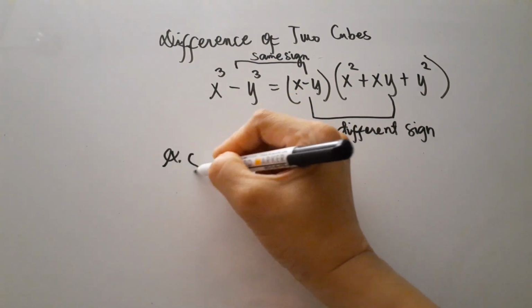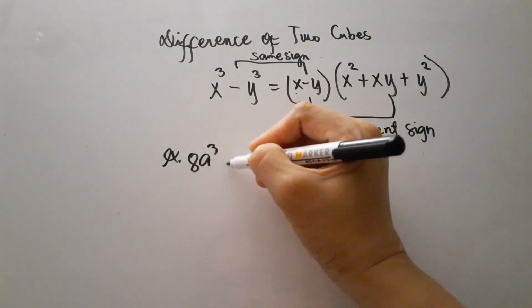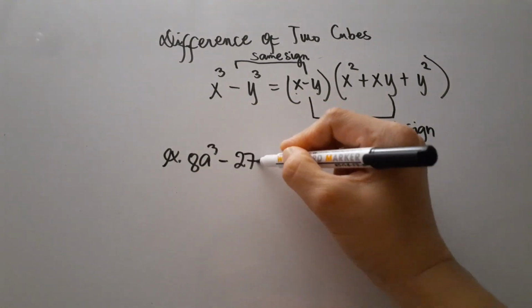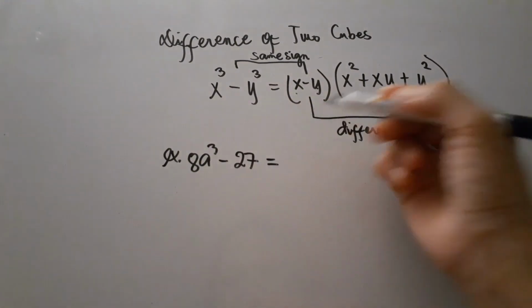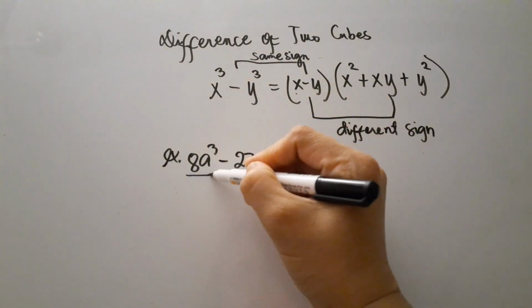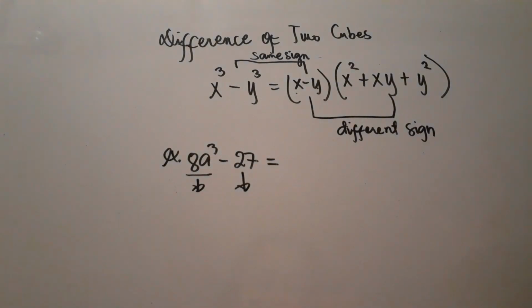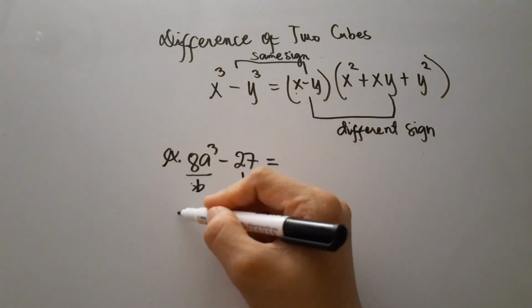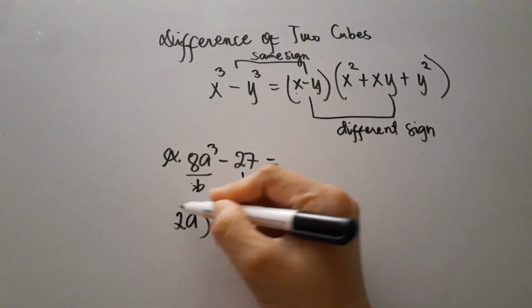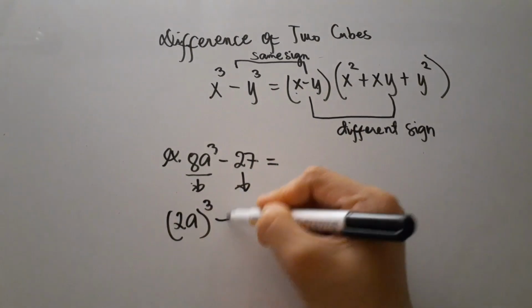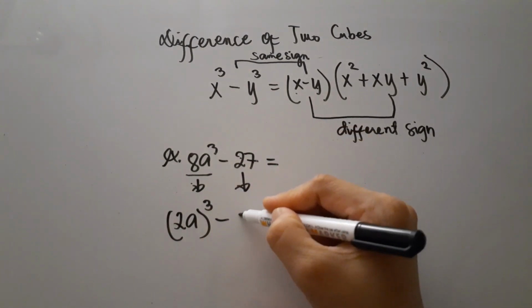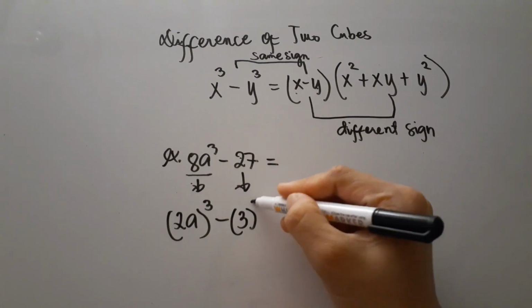So let's factor first, for example, 8a cubed minus 27, since 8 is our perfect cube. So the cube root of 8a cubed is 2a, raised to the power of 3, and negative 3 raised to the power of 3.